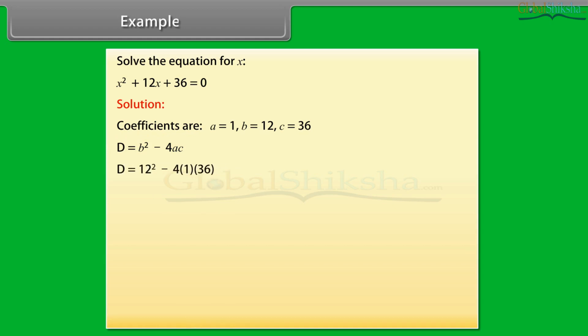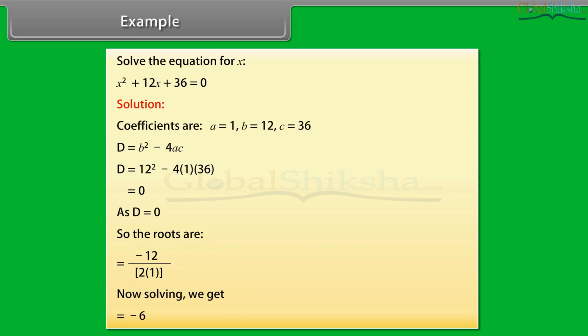D is equal to 12 square minus 4 into 1 into 36 is equal to 0. As d equals 0, so the roots are x is equal to minus 12 by 2 into 1. Now solving, we get x is equal to minus 6.